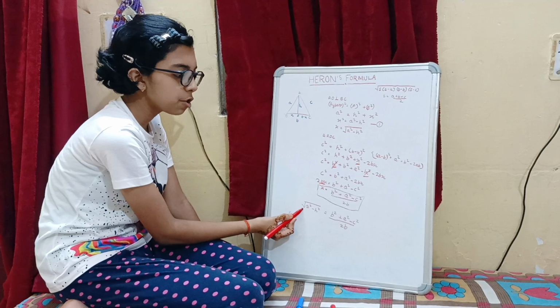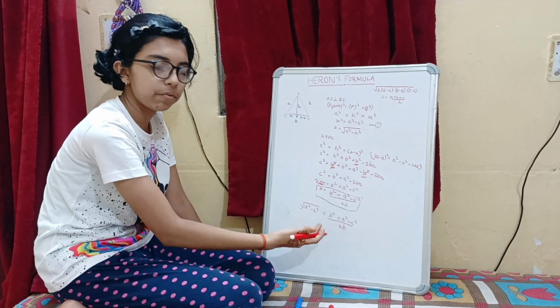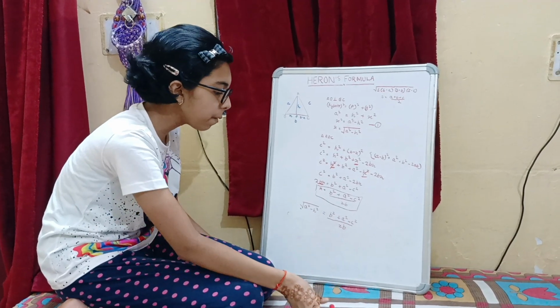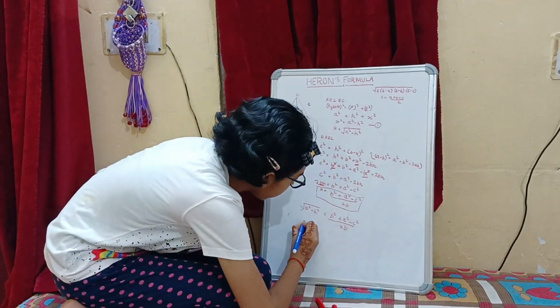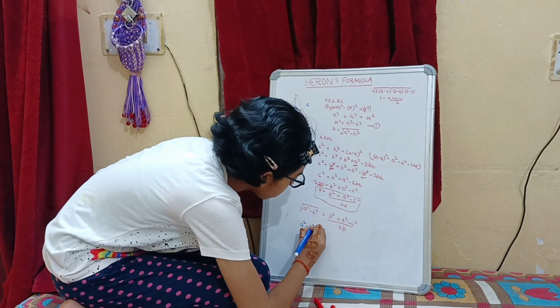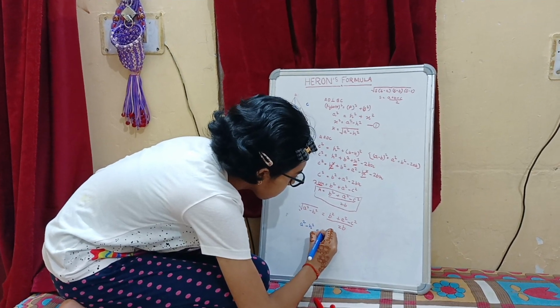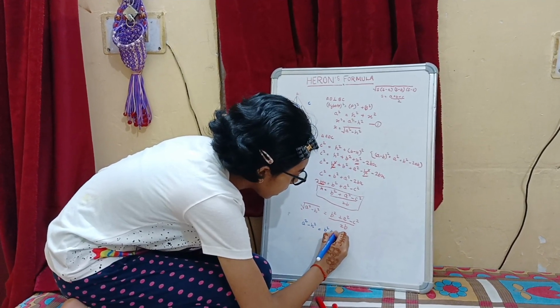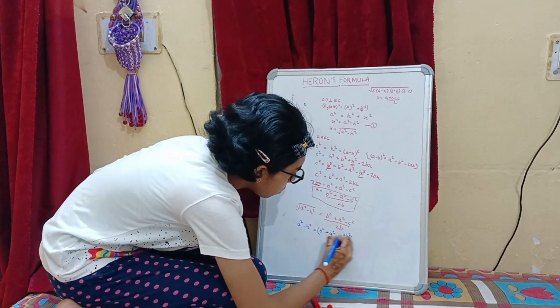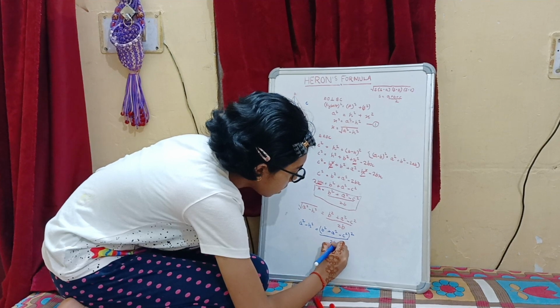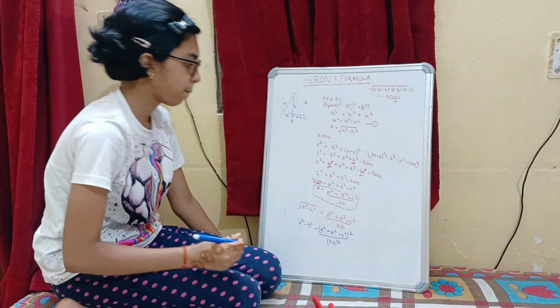As you can see, this is root, so when it goes to the left hand side it will become whole square. So a square minus h square is equal to b square plus a square minus c square whole square upon 2b whole square.